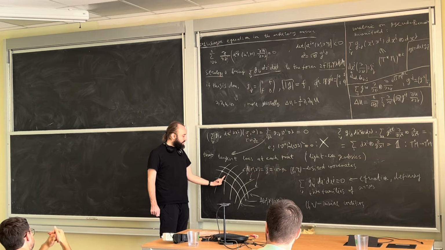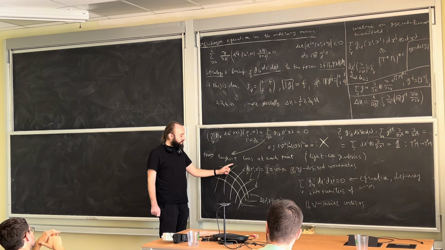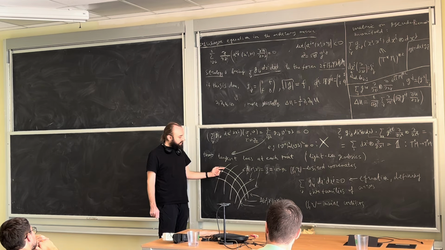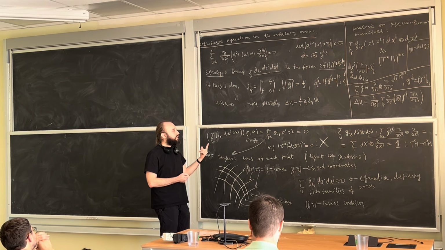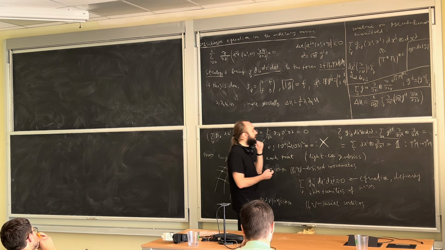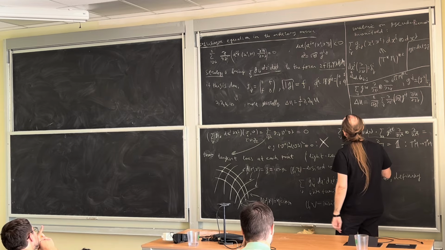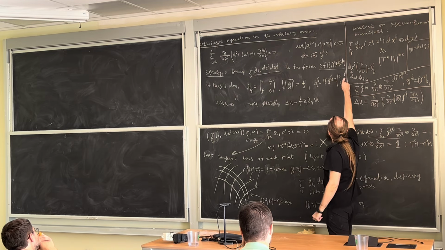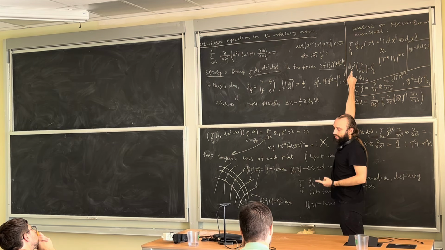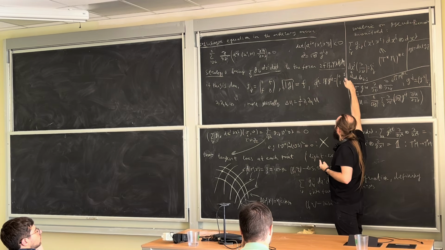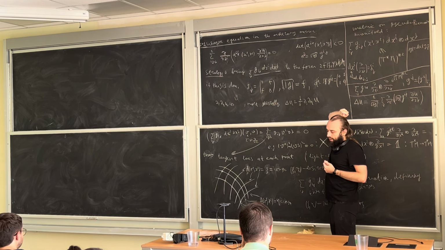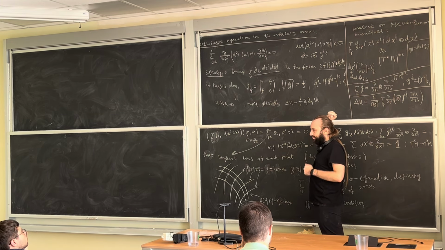In a sense, vectors tangent to this curve have zero length. And the same is true for another coordinate. This is precisely what is described by this metric. If you substitute a vector that has only one non-zero component, tangent to dxi or tangent to d eta, then its length is zero.